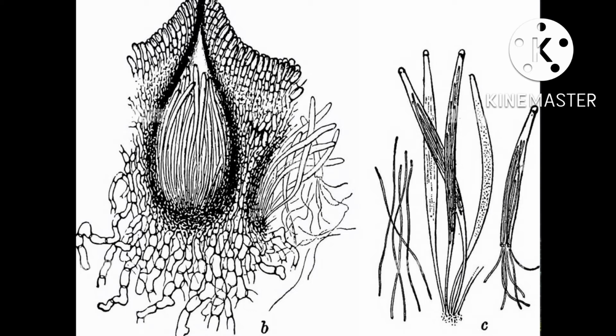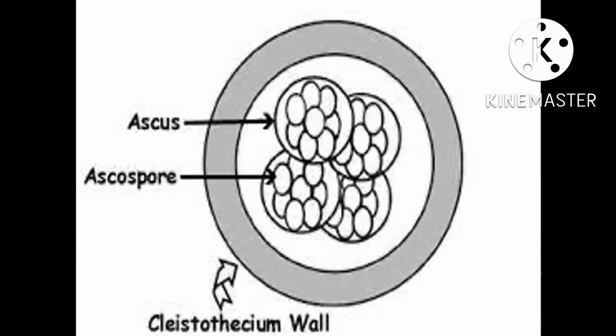The second type of ascocarp is the perithecium, in plural perithecia. It is a flask-shaped fruiting body which has a definite apical pore called the ostiole. An example is Claviceps. The last one is known as the cleistothecium, in plural cleistothecia.